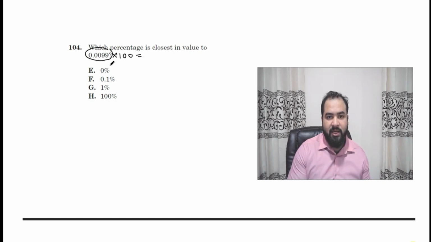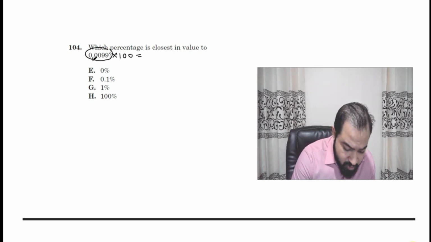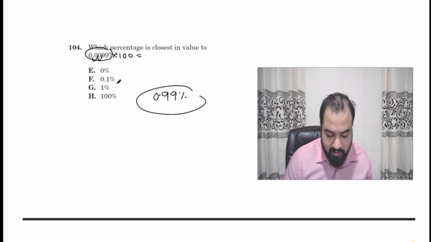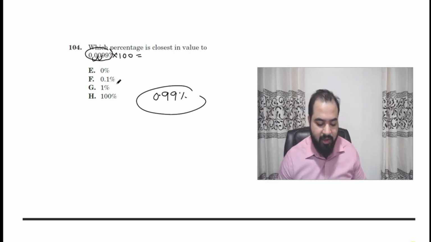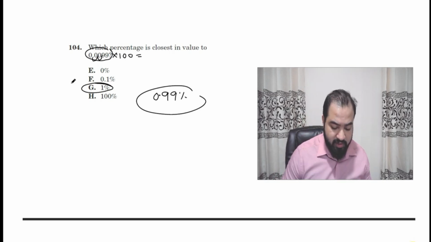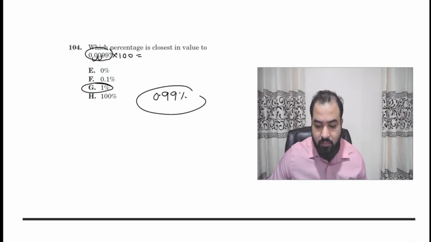When you multiply a decimal number by 100, the decimal moves 2 places to the right. So the decimal comes right before the 9, so it's 0.99%. And which one is the closest to 0.99? 0.99 is very close to 1, so that is 1%.